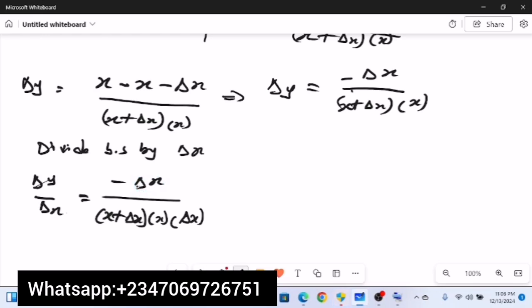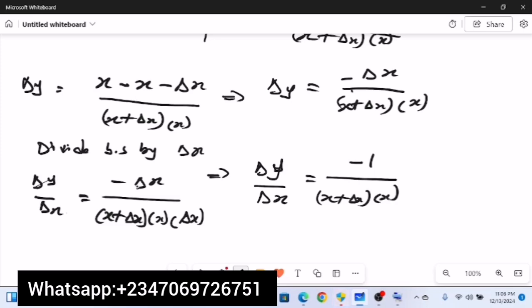So this simply implies that I'm going to have change in y all over change in x to now be equal to, at the numerator I will simply have negative 1 all over x plus change in x. Now this multiplied by what? x, and we have this.